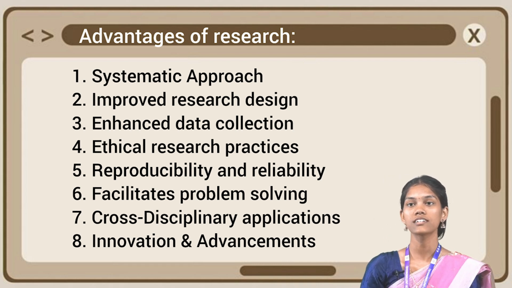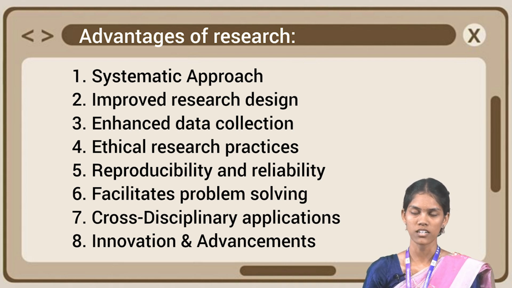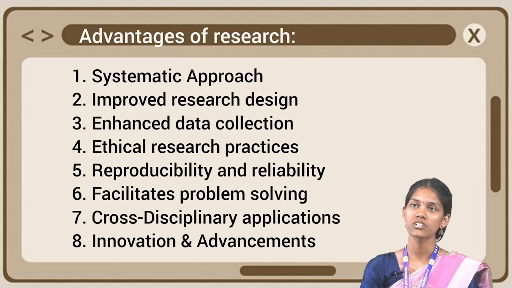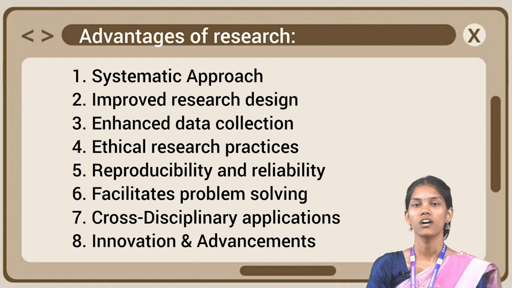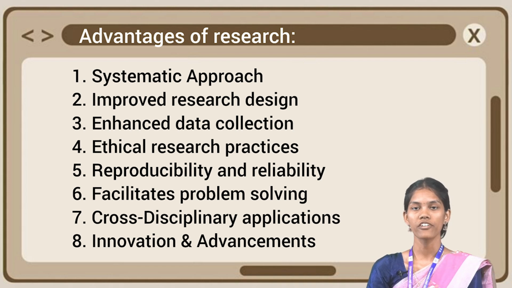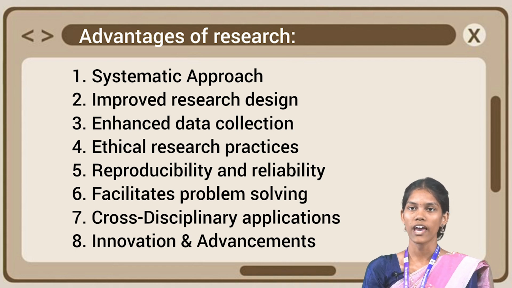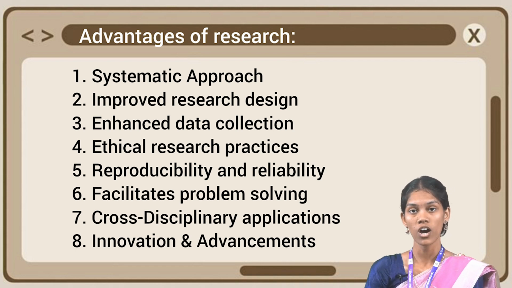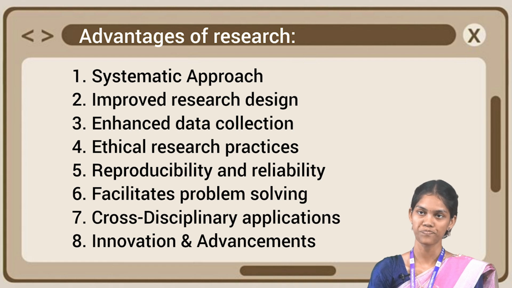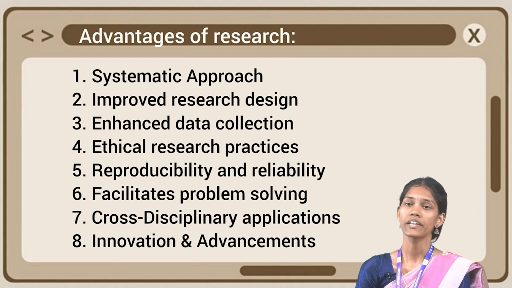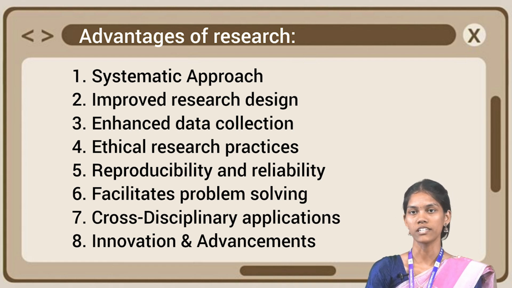Next one is ethical research practices. When it comes to ethical research practices, the researcher should maintain proper confidentiality about participants. So ethical research practices will be an advantage of research. Next one is reproducibility and reliability.